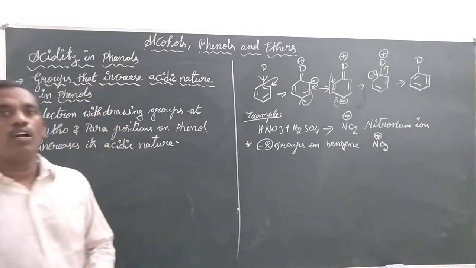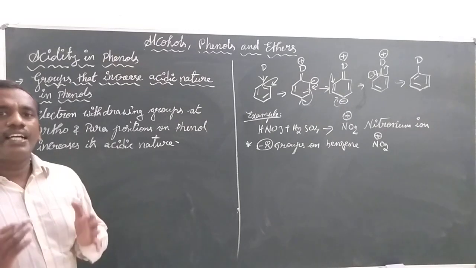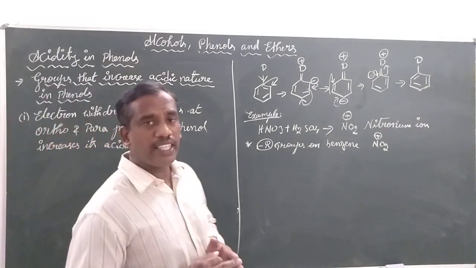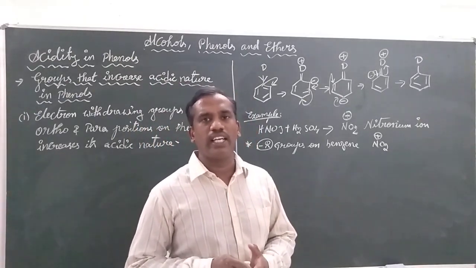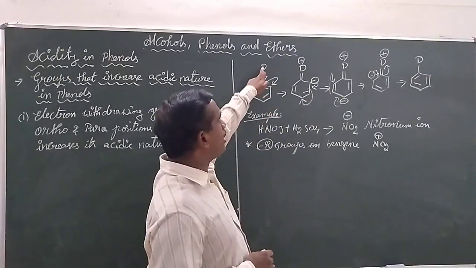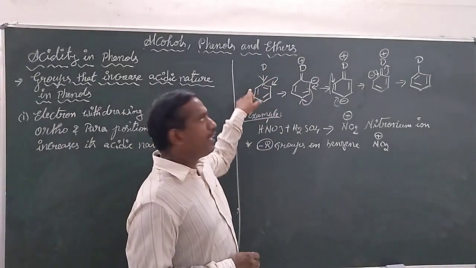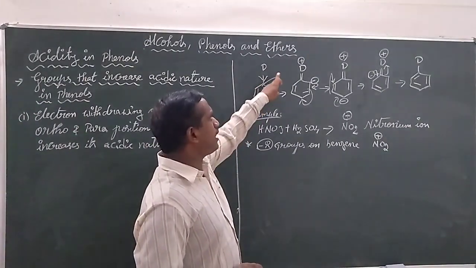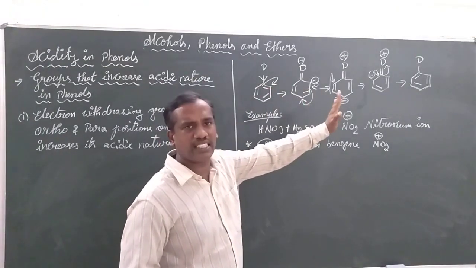Let us see now the acidic nature in phenols. Here there are two main points. Once we recall our grade +1, that is first year, when any donating group is present on the benzene ring, it will donate electrons to the benzene ring. So migration of the pi bond takes place, resulting in the resonating structures.